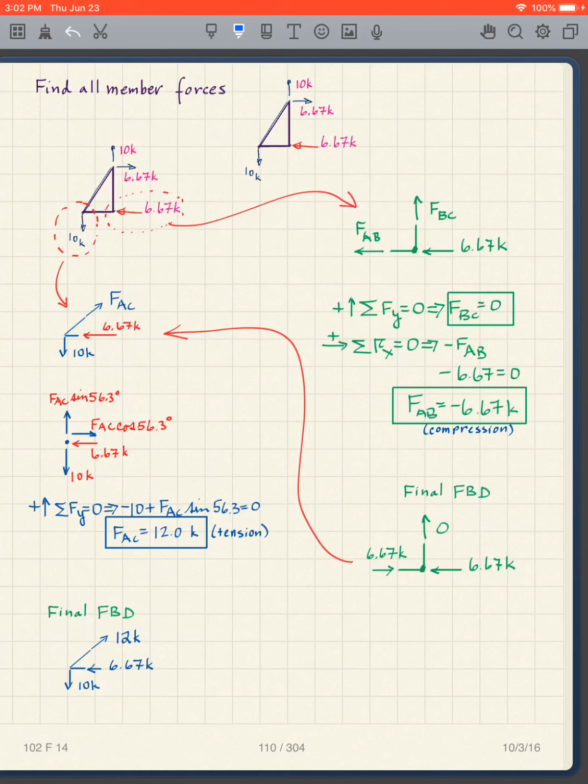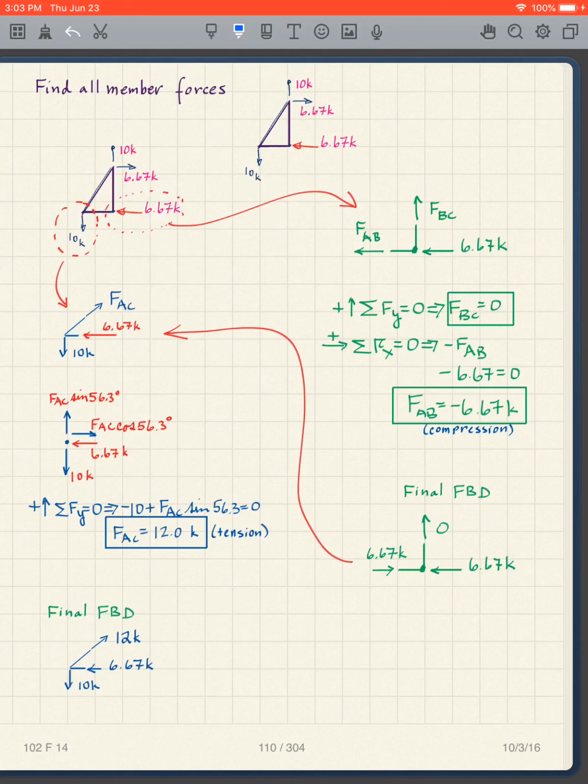And remember, I need to put my unknown forces here. I guess I chose this point first. So maybe let me just do that one first.